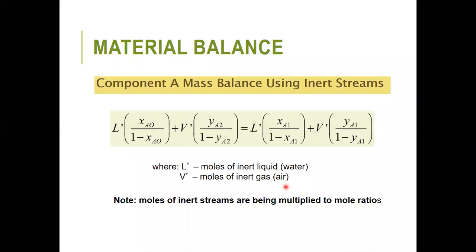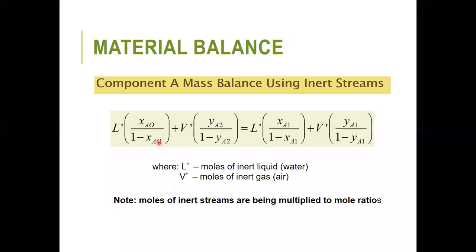So if we are using the inert parts of our streams as indicated here, we're not anymore concerned with the actual amount of the phases, because what we intend to know are just the inert parts, and they are the parts of the phases that will be constant. Even if it's not dependent on the degree of recovery, because they are the inert parts. They are the ones that are not actually being reduced or, shall we say, increased in value.